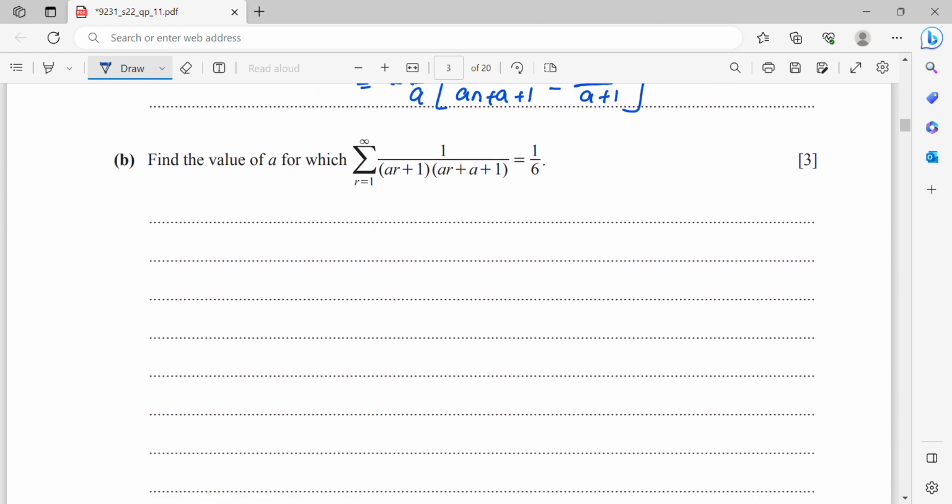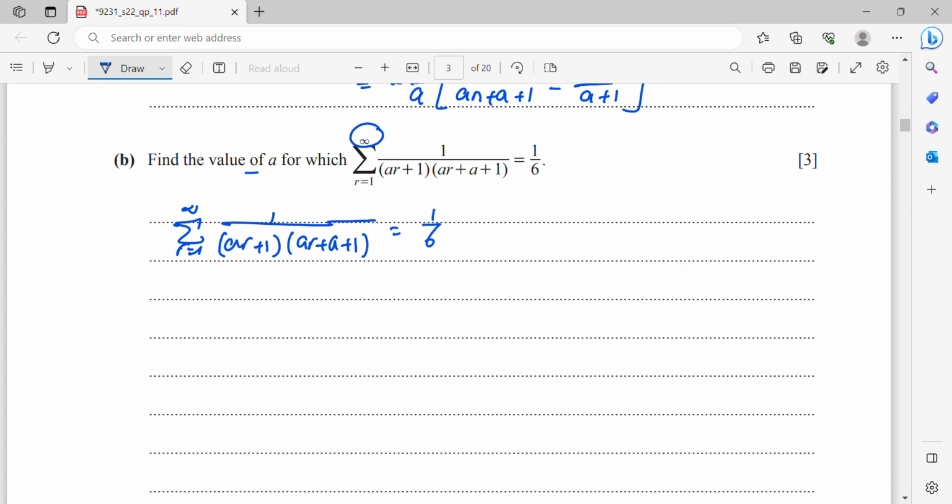Okay, now b, find the value of a for which the summation r from 1 to infinity, just now we found r from 1 to n, okay? So for the same function equals 1 over 6. So for your information, summation r from 1 to infinity, 1 over ar plus 1 multiplied by ar plus a plus 1 equals 1 over 6.